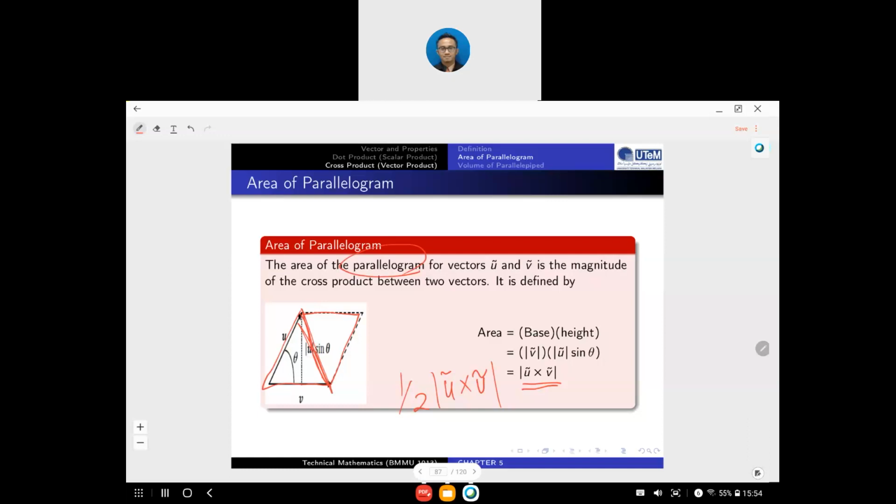So you find the magnitude of U cross V, then you divide by 2. Then you get the area of the triangle. Okay, so now look at the example.